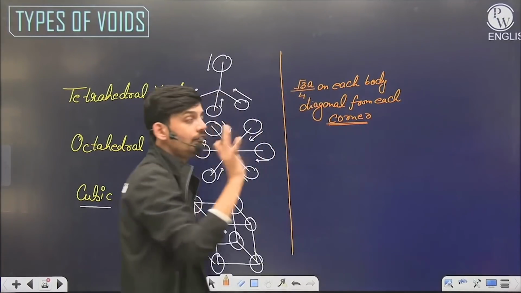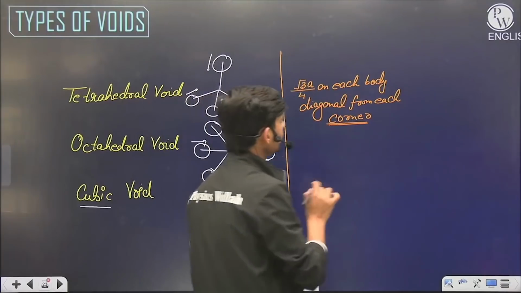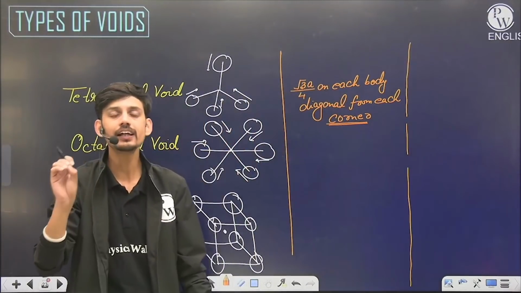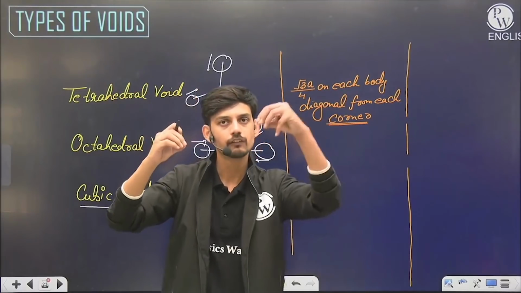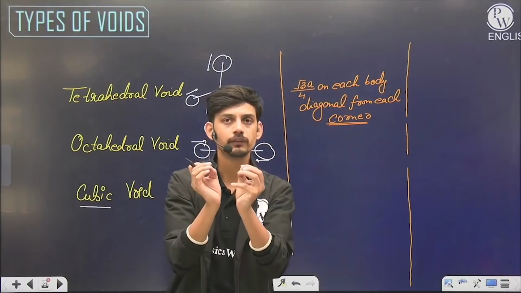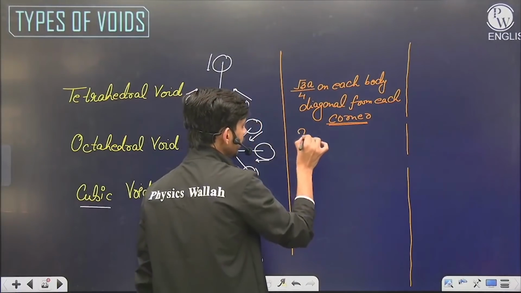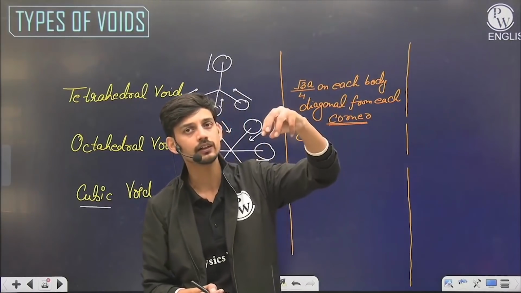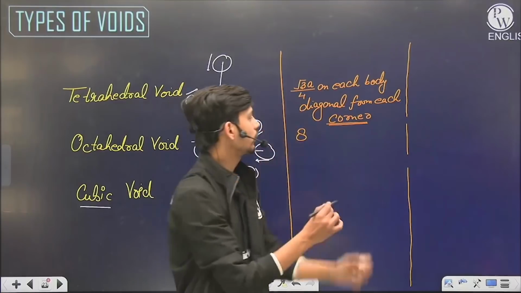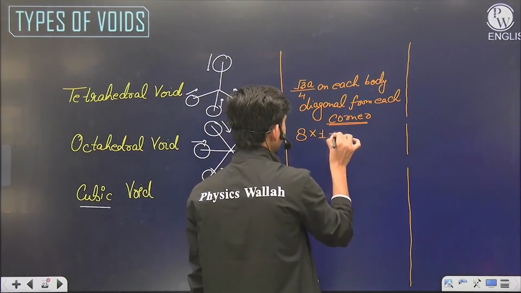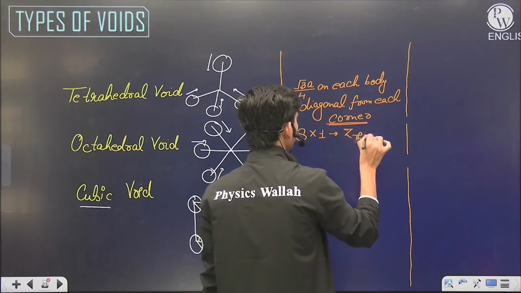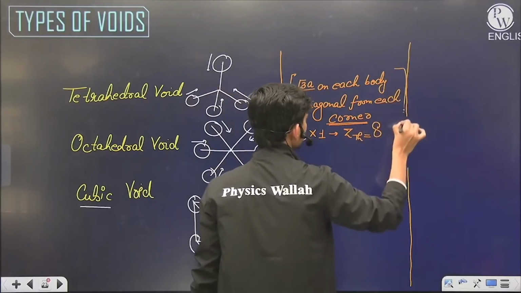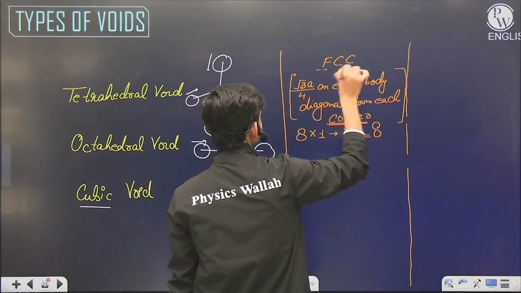We have a total of 8 corners, so we will have 8 positions at root 3a by 4 distance from each corner, 4 from above and 4 from bottom. So there are 8 different locations for tetrahedral void. The position just below the corner is completely inside this cube, so the contribution will be 1, and tetrahedral voids are effectively 8 in a unit cell. And this unit cell must be FCC.